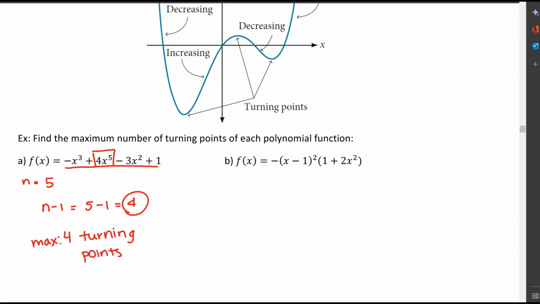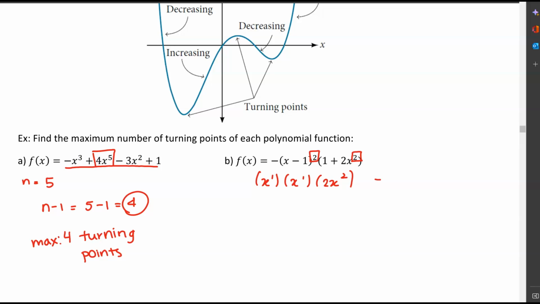So now on this one, it's not as easy to see because it's in factored form. So notice we have a 2 here, and we have a 2 here. If we were to take a look at this, this would mean we would have x to the first times an x to the first, and then we'd end up multiplying that by a 2x squared once you factored all of this out.